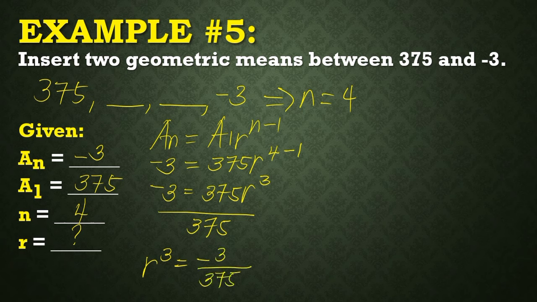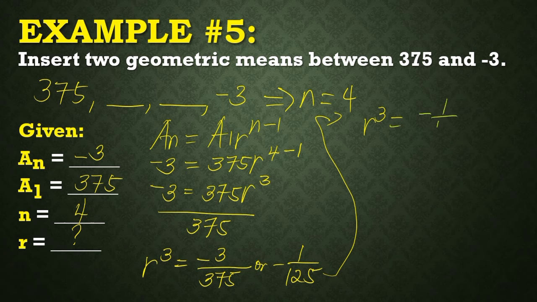So pwede natin tong i-simplify as negative 1 over 125 kasi yung greatest common factor ng negative 3 tsaka 375 is 3. Okay, so kapag kasi hindi natin sinimplify, baka hindi natin makuha yung cube root. So, rewrite lang natin, r cube is equal to negative 1 over 125.